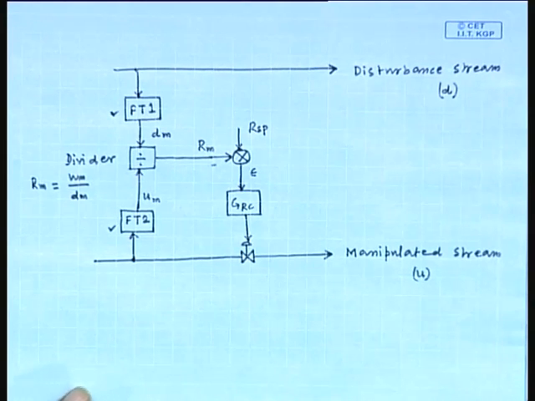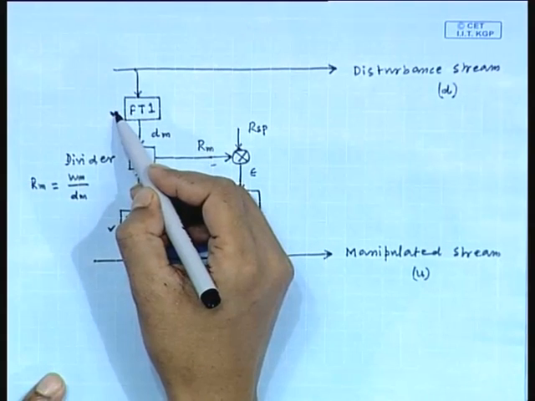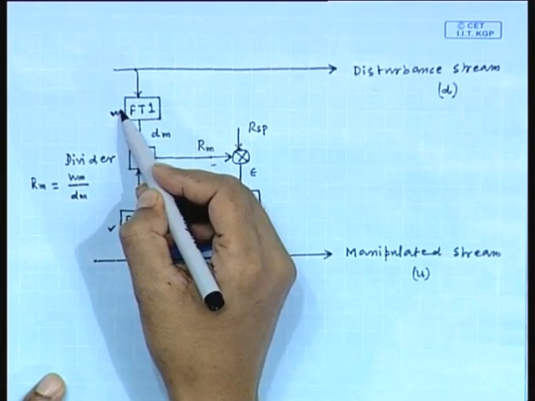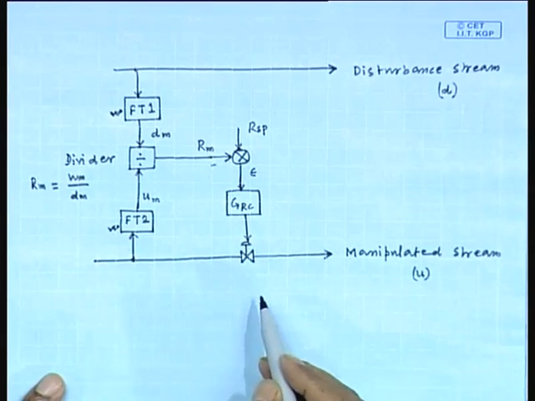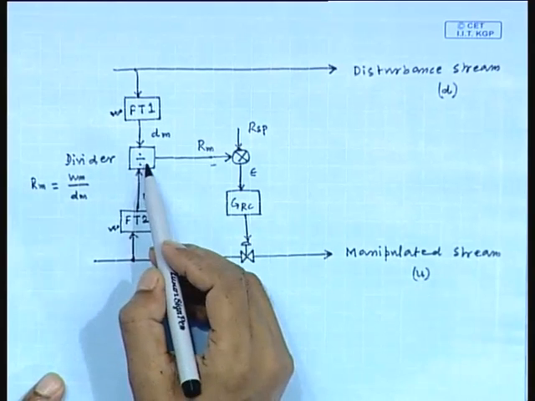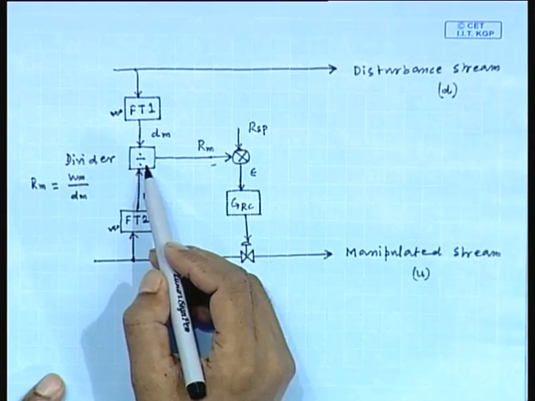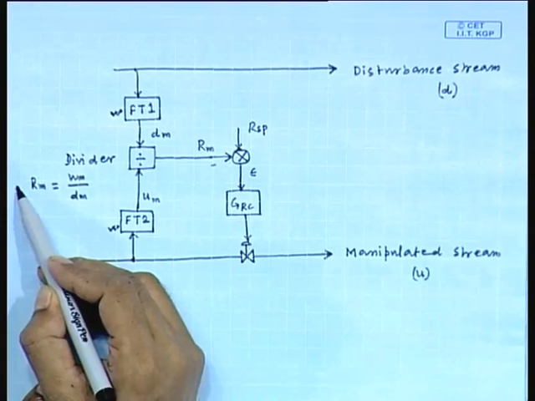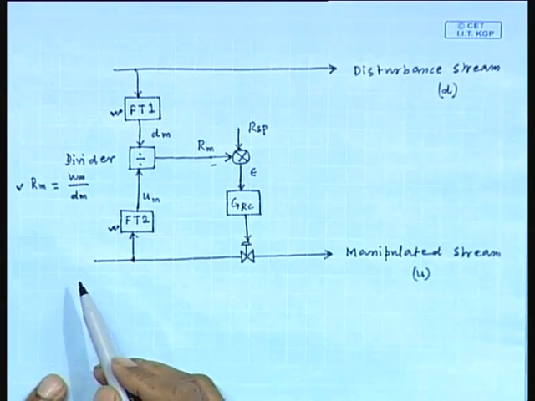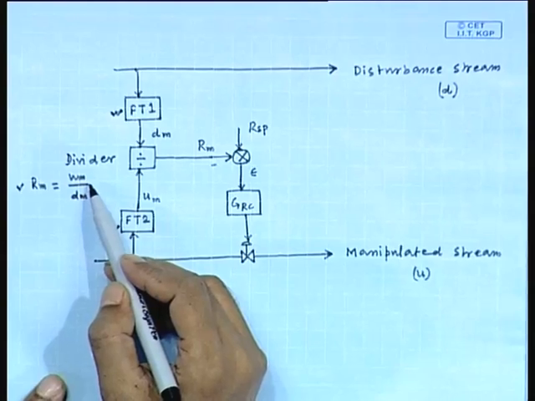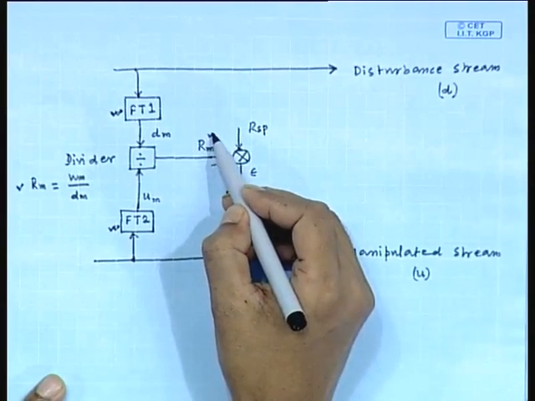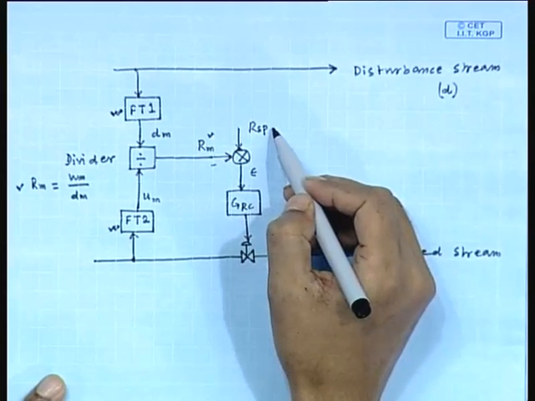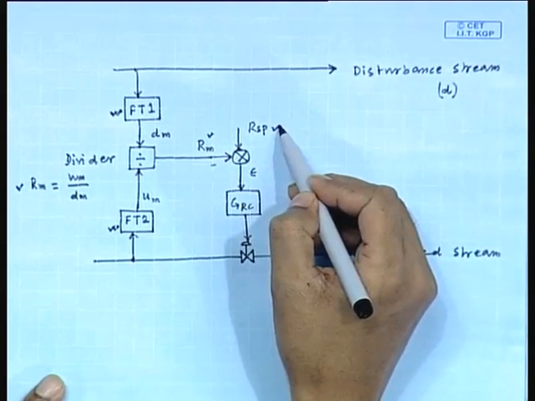Fine. It is mentioned that both the flow rates are measured. Accordingly, FT1 can be employed to measure the disturbance variable, FT2 can be employed to measure this manipulated variable. Then this is the divider element in which the ratio Rm is computed considering this expression U by Dm. So, the output of this divider is Rm, which is compared with the set point value of this ratio RSP.